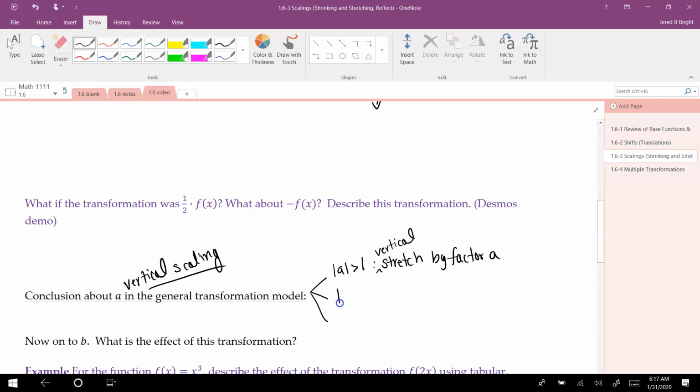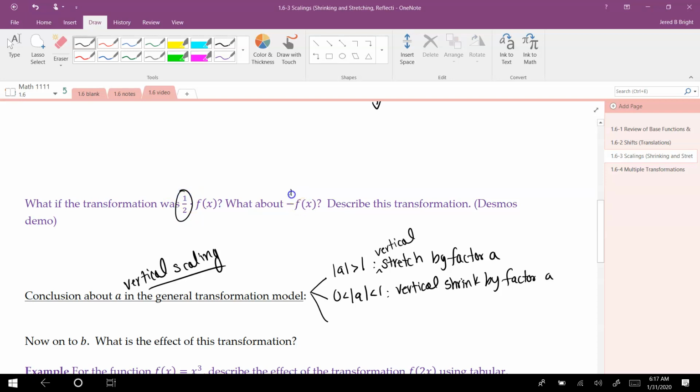If the absolute value of a is between 0 and 1, then we call it a vertical shrink by factor a. This would look like a vertical compression towards the horizontal axis, and that's the case where we have the 1/2.